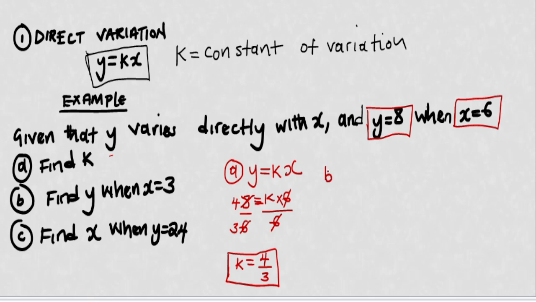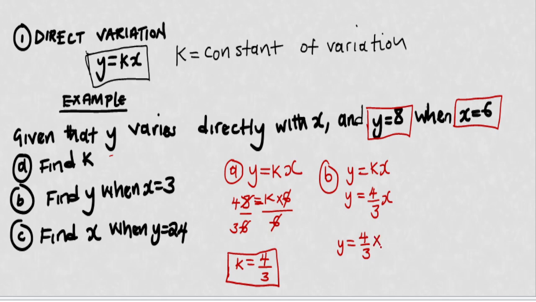The other one, we are looking for the value of y when x is 3. So I'll write the equation that we have, which is y is equal to kx. Now, since we have the value of k, it will become y is equal to 4 over 3 x. We're trying to find the value of y when x is 3.